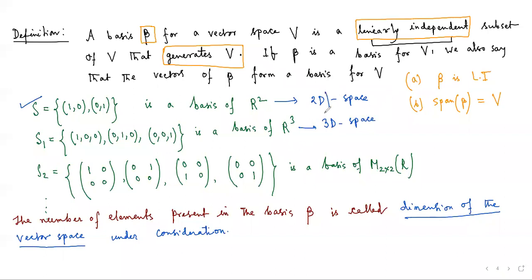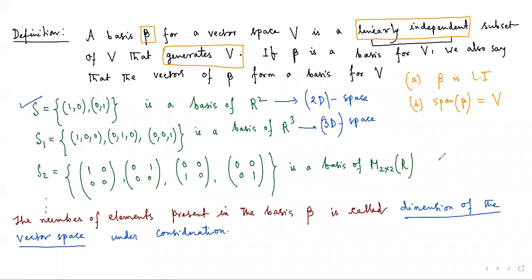These are the actual meanings of dimension introduced in this class. So when we talk about 11 dimensions, that means there is a basis S containing 11 elements which are linearly independent, and it spans the corresponding vector space.